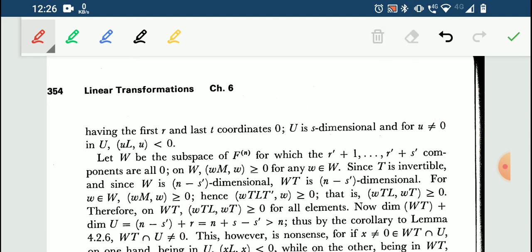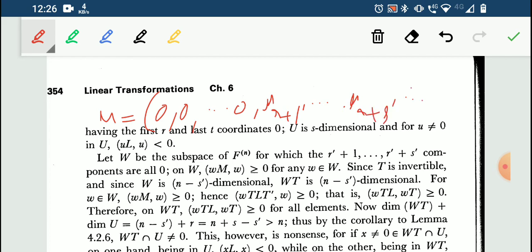That is how a vector looks. I'll write it once again here. It will be like 0 0 0 0 0, then u_{R+1}, u_{R+2} till u_{R+s}, then once again zeros, a total of T zeros here. So this is how a point u which belongs to capital U looks.